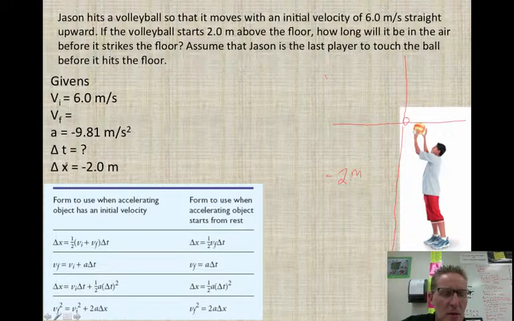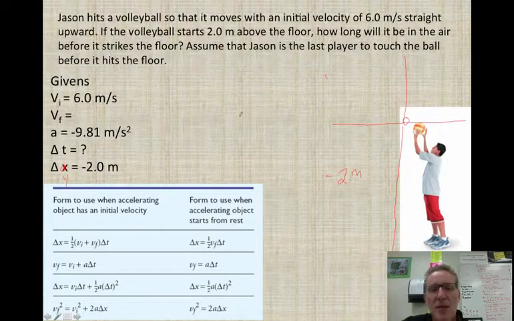Now it says x here, but actually you'll see this written in examples as y, so change in y. And it's not really important when you're doing this whether you call it x or y, but you need to be mindful that it is on the y-axis, so we would call that y. So we've established what the displacement is going to be.